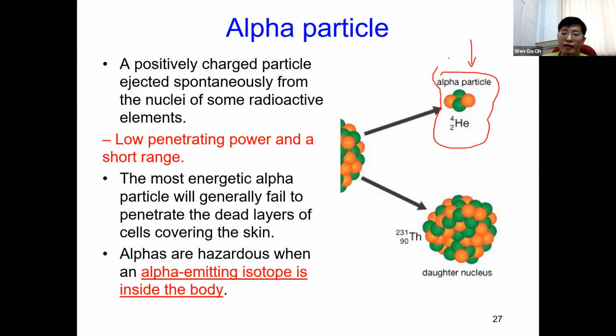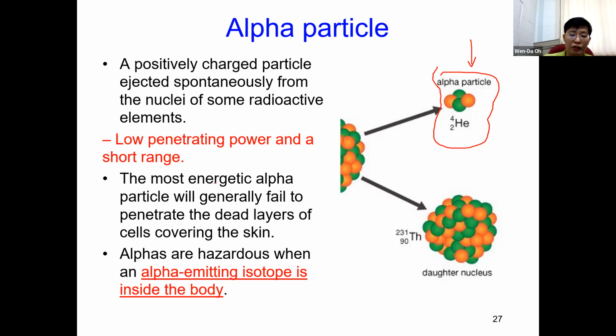When this happens, of course these alpha particles will go everywhere. They will attack everything surrounding the area, and of course they can cause ionization of your skin, of your tissues, of your body. But alpha particles are less of a concern because although they can cause ionization, they are not as energetic, and our skin layer can protect us from being ionized.